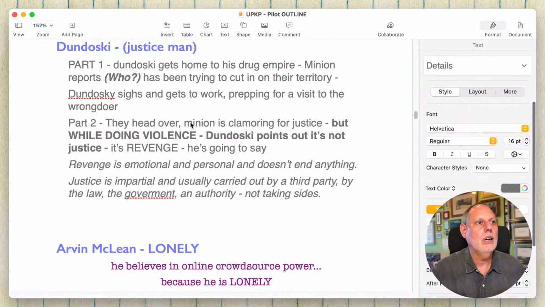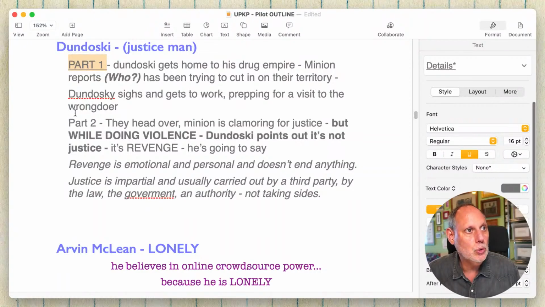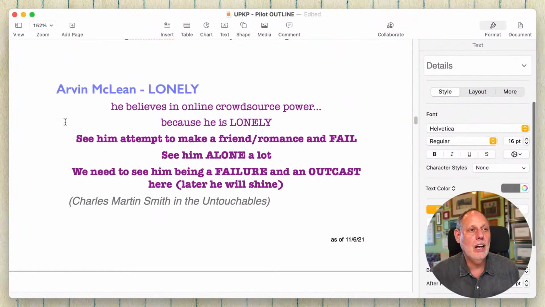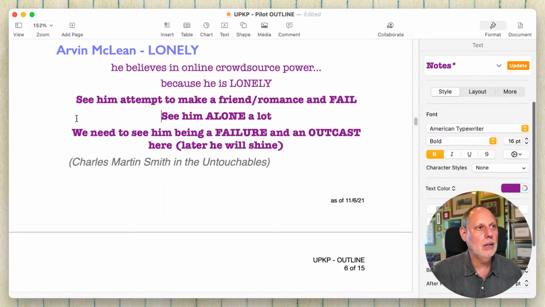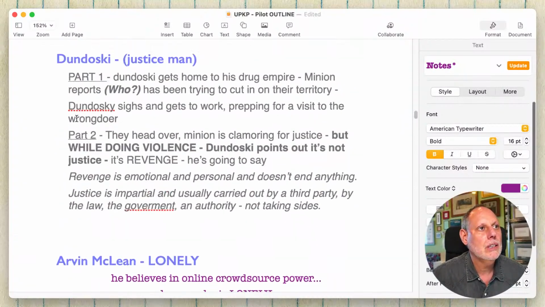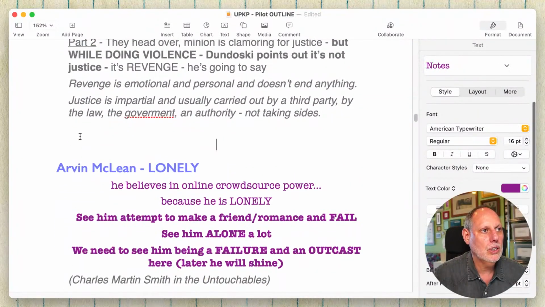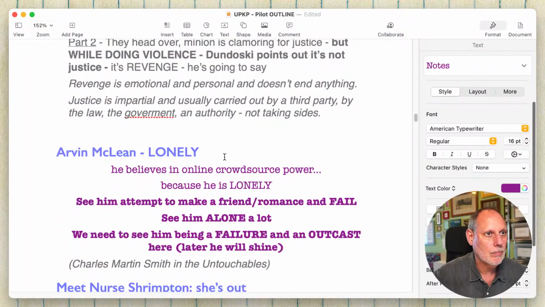Okay, so all right, now we have that Dundosky's scene is in 2 parts, which means now these other sequences should also be in 2 or 3 parts so that we can intercut them. We have to be weaving them. You have to be able to go part 1, part 1, part 1, part 2, part 2, part 2, etc. We have to figure out, look at that. Okay, so, boom.